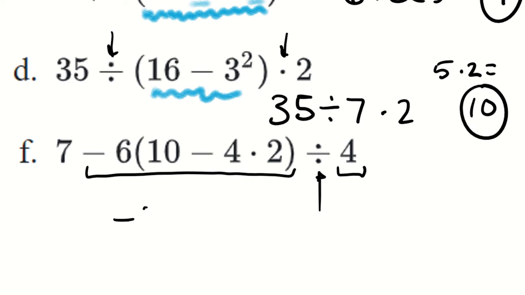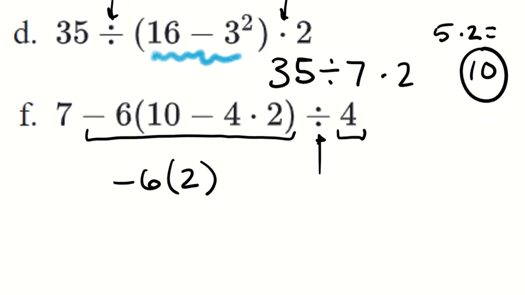So I've got a -6 times 10 minus 6, 10 minus 8, which is 2. And -6 times 2 is -12. So what I have here is 7 minus 12 divided by 4. But you see it, it's true.